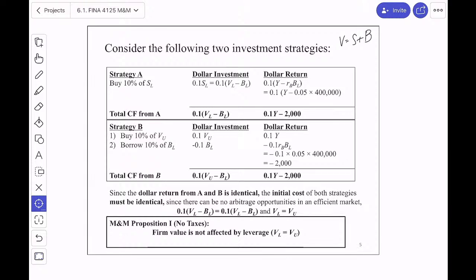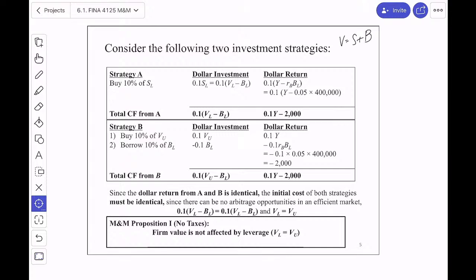So what's the dollar return? Well, I said Y would be the dollar return for each of the firms. So this is the levered. But then bondholders have to be paid for every dollar of outstanding debt. Interest payments, right, are made.